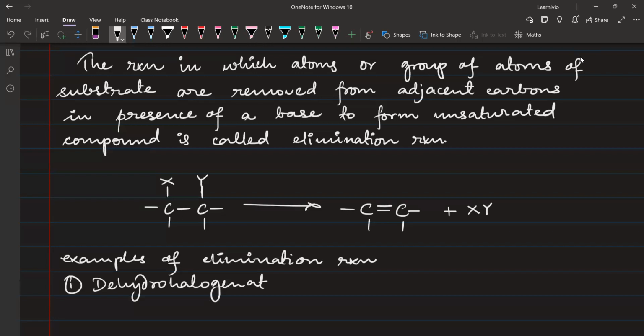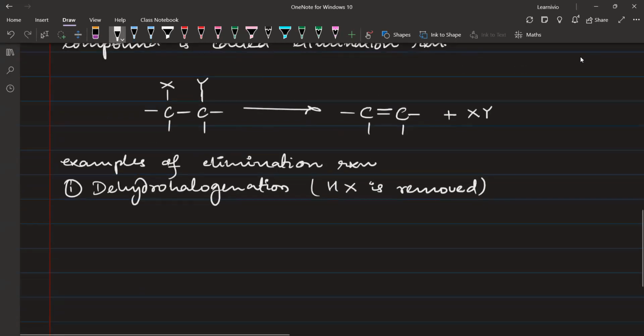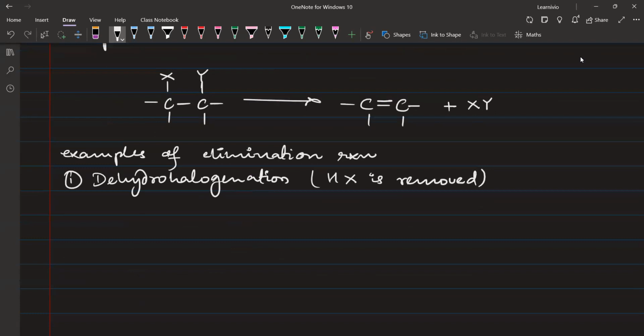You can see from the name itself that hydro, that means hydrogen, and halogen will be removed. That means HX is removed. We remove hydrogen from one atom and halogen from the adjacent atom. Second that we have to learn is dehalogenation.